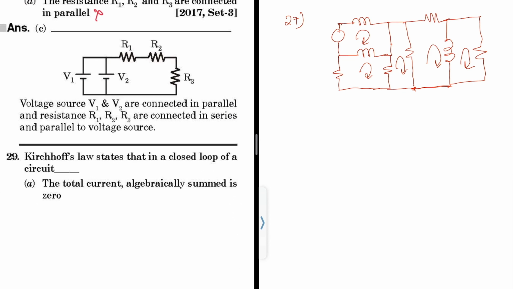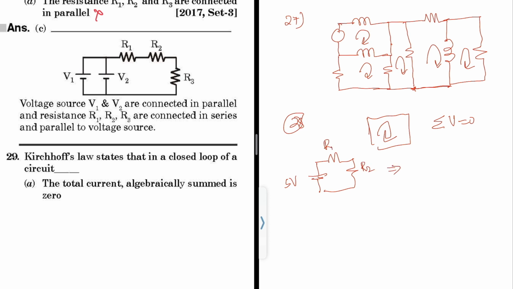So Kirchhoff's law states that in a closed circuit, the sum of the voltages is equal to zero. Like this is a circuit of 5 volt and R1 and R2. What we will do?